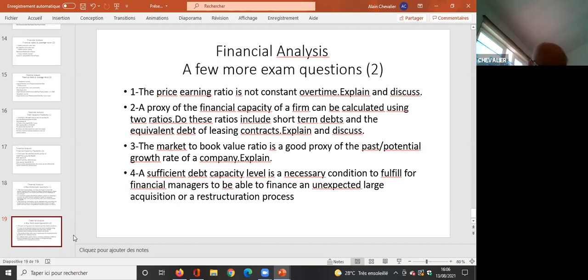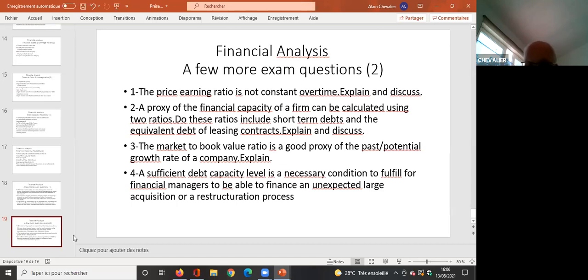That means it is the discount rate used by shareholders. It is not the WACC, it's the rate used by CFOs. Okay, that's one of the differences.